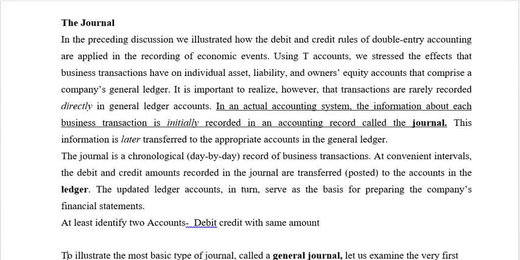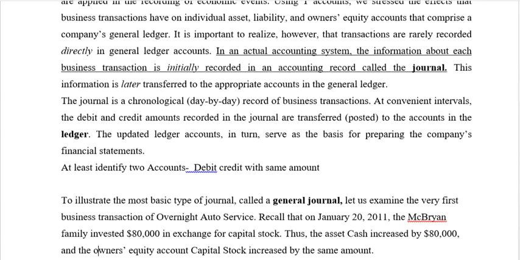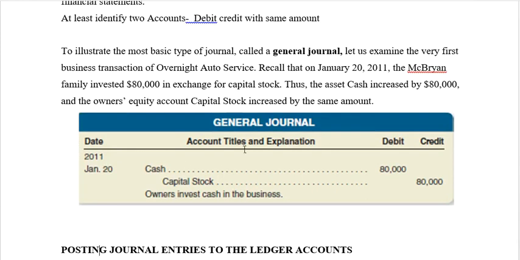Then you will be applying the journal, and there is one example you can view there. Look, that's the example. We are doing a journal entry, or a journal. Now look there, class.